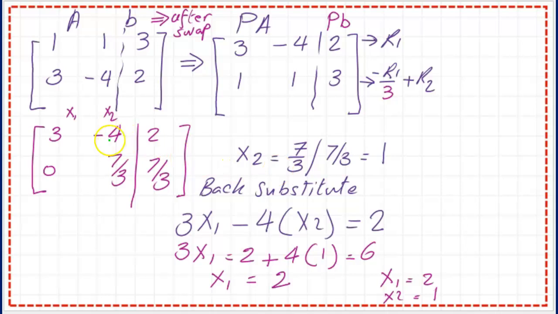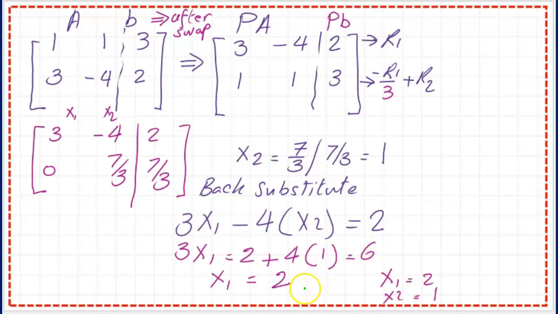We make back substitution for the value of x1. We have 3x1 minus 4x2 equals 2. So 3x1 equals 2, and we move the minus 4x2 to the right hand side, where it becomes plus 4x2. Since x2 equals 1, we have 2 plus 4 multiplied by 1. We get 6.